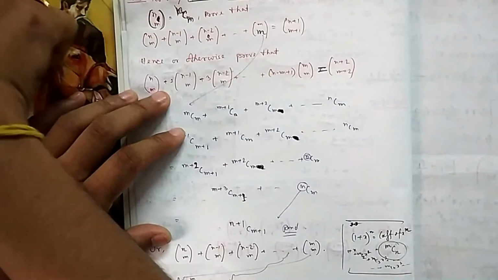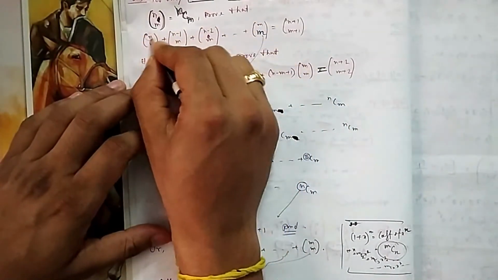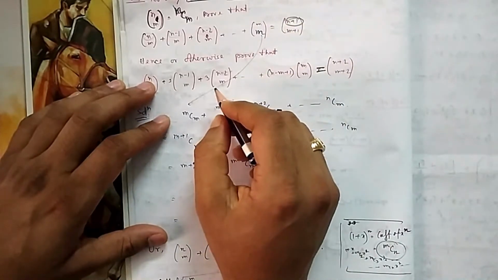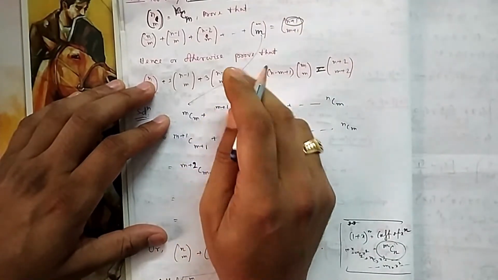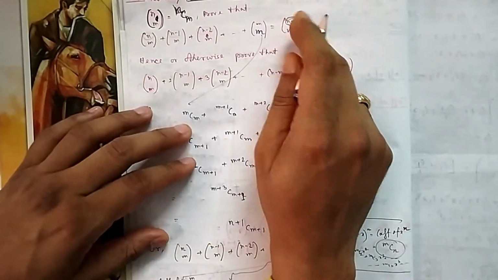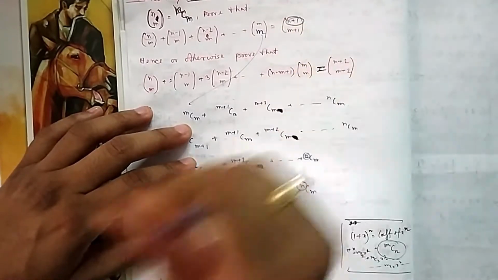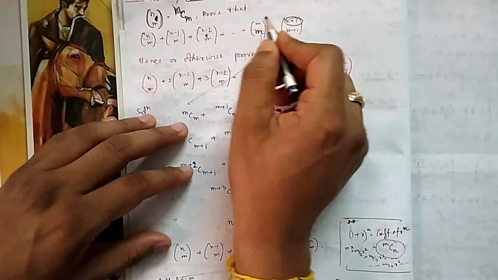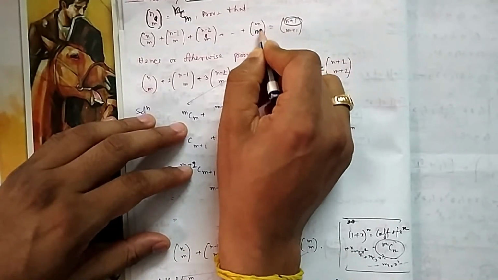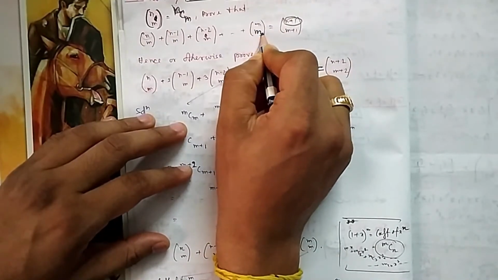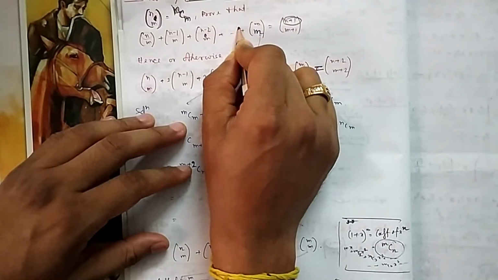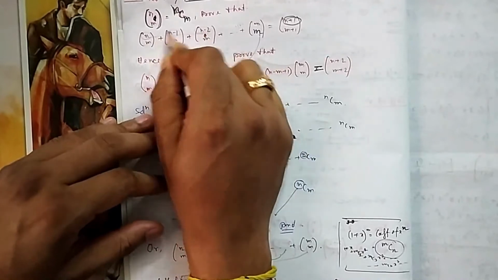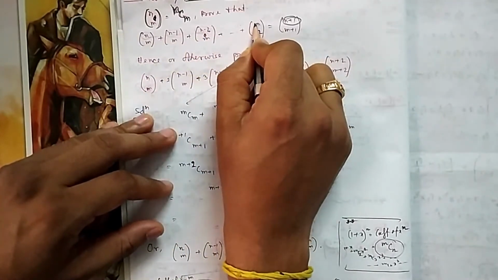Okay, now if you see here again the upper power is increased, here n minus 1, n minus 2, and the upper power is n plus 1. So somehow we have to use that formula by which the power can be increased. Now if you see this one, if I start from the last side, this one is nothing but MCM. So the prior to that one will be m plus 1, because n is reducing and it is reduced up to m.